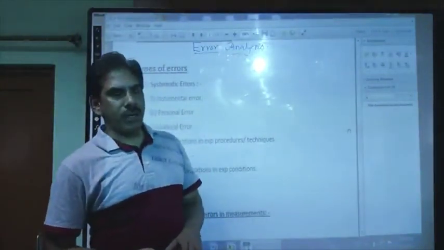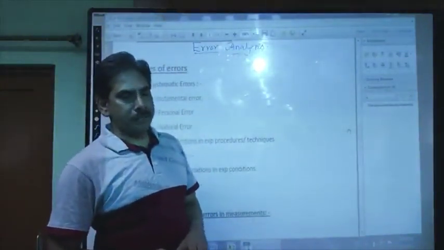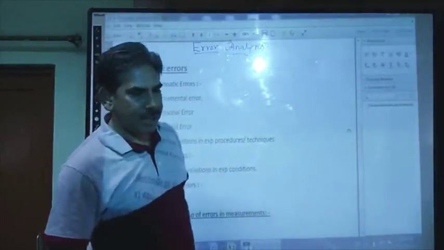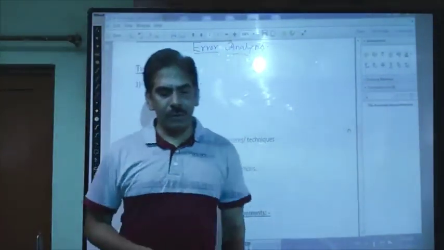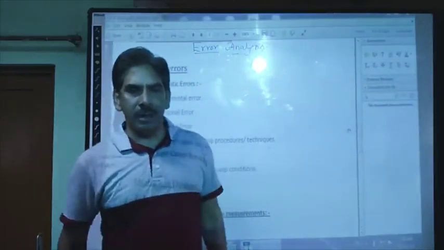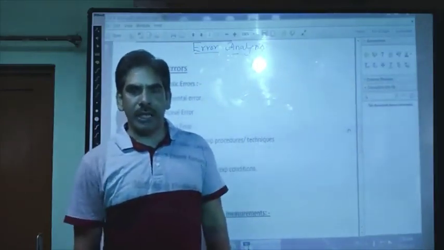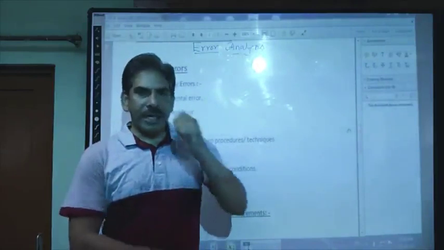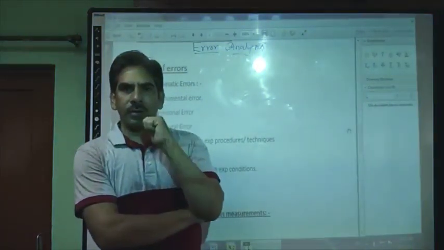First we try to define what an error is. In science we have to measure different physical quantities in order to come to some precise, accurate conclusion. Just like we try to verify Ohm's law.